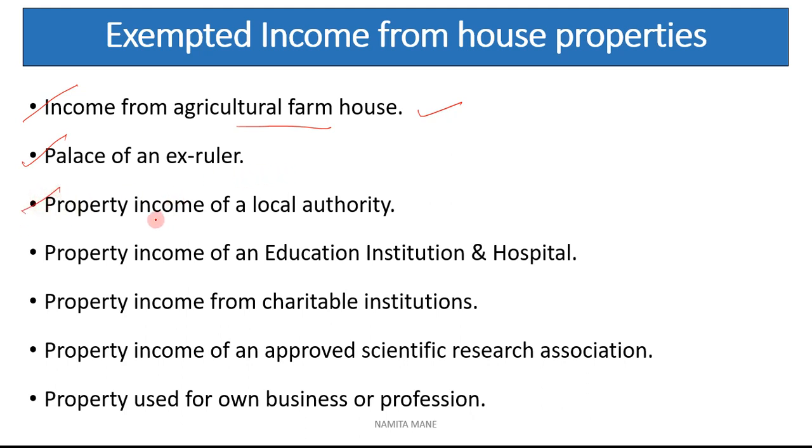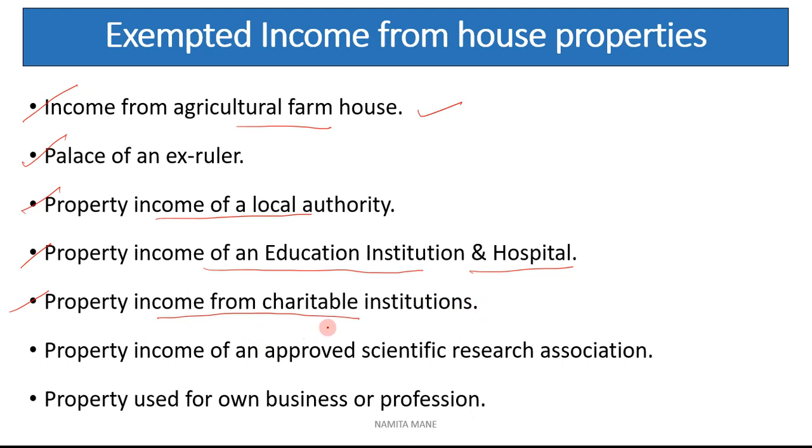Then property income of a local authority, then property income of an educational institution and hospital are exempted from income from house property. Then property income from charitable institutions. Charitable institutions means institutions like temples, and some charitable hospitals.